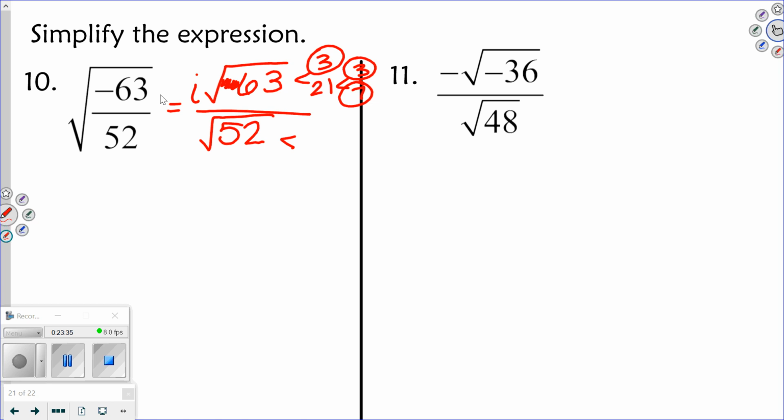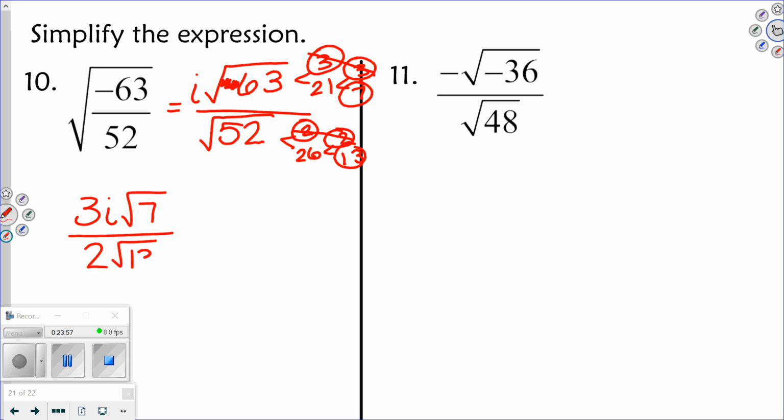Okay, so I got a pair of 3s, so don't lose your i, and a leftover 7. Then we'll do a factor tree on the bottom. It's 2 and 26, 2 and 13. So I got a pair of 2s and a single 13.